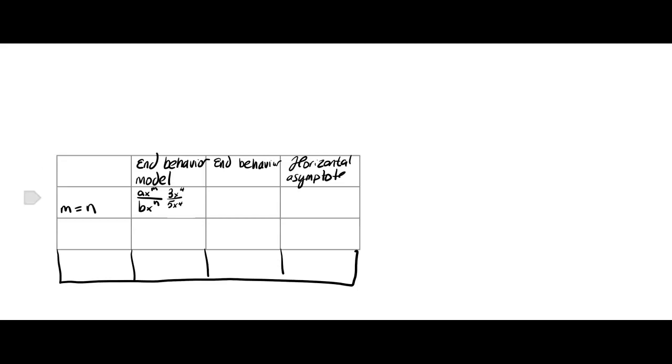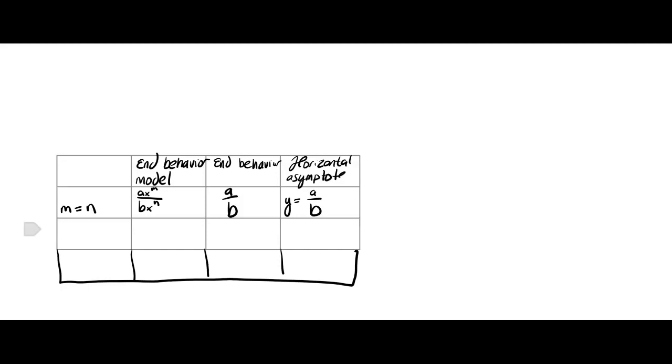What's going to happen is my x's would cancel out because I've got the same thing up top as I do on the bottom, leaving me with just the numbers, which in this case would be 3/5. In general form, though, that would just leave me with a over b. And in this case, I would have just a horizontal asymptote at y equals a over b, because again, a horizontal asymptote should be y equals.